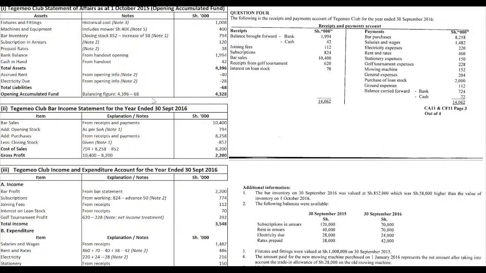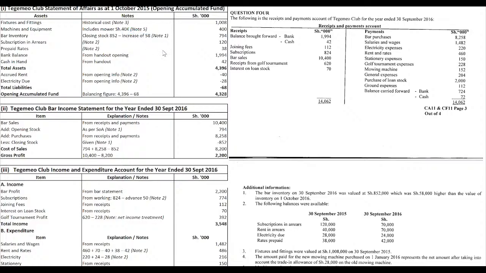So we start with the Tegemeo Club statement of affairs as at 1st October 2015. We have the fixtures and fittings. In our note 3, we have been given 1008. All amounts are in thousands.